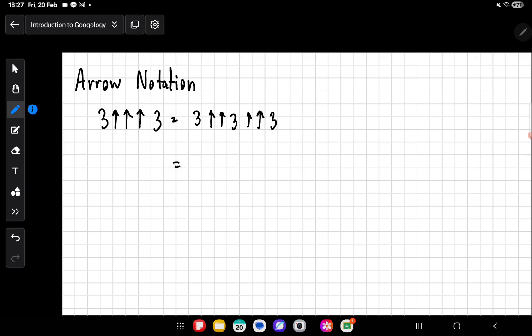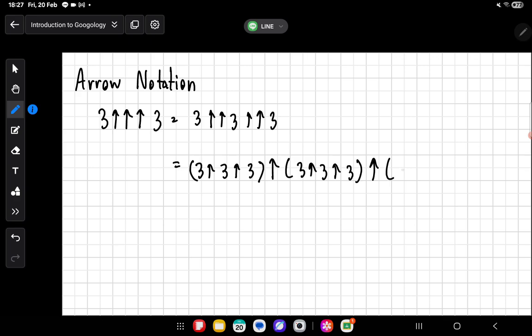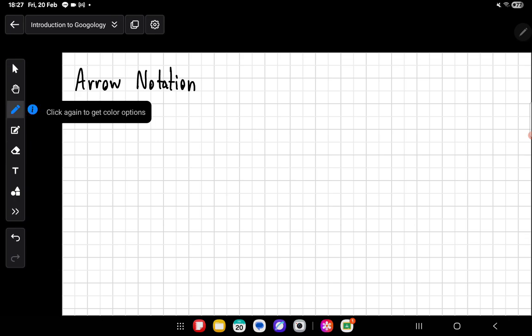Now from this point on, you can break it down by calculating from left to right. First, what is 3 double up arrow 3? We have learned this. It is 3 single arrow 3 single arrow 3. And we will double arrow that by 3, which means this up arrow to itself, then up arrow to itself. And that is roughly how we calculate in arrow notation.